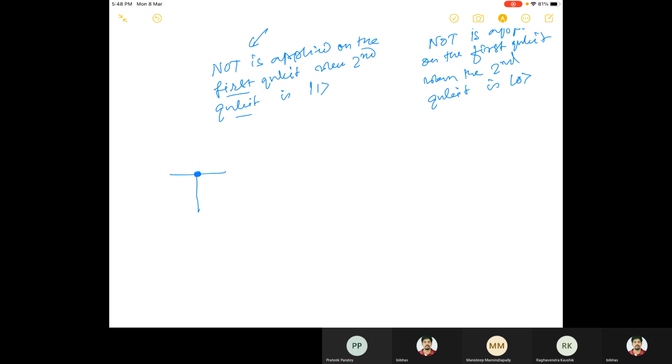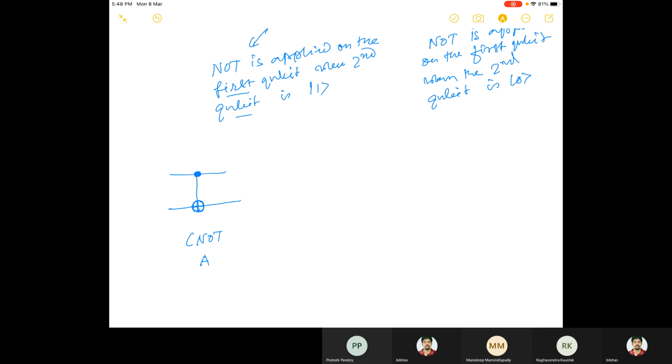Then there is a circle with an addition inside it, or you can say XOR. This is the icon for the C-NOT, the gate A. That means if the first qubit is 1, then the NOT gate is applied on the second one. That's why there is a plus here.